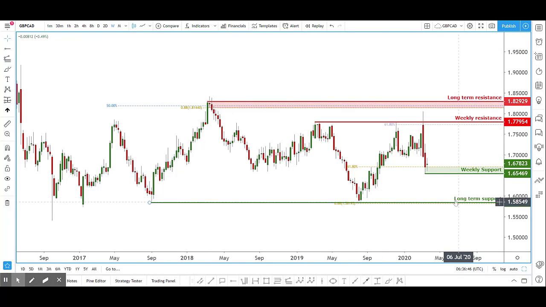Now that we found our weekly resistance and weekly support, both confirmed with Fibonacci levels, let's go down to the daily.